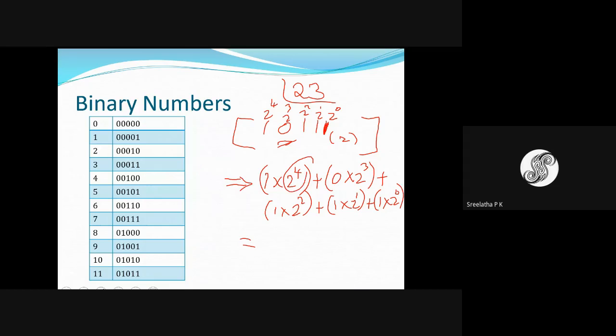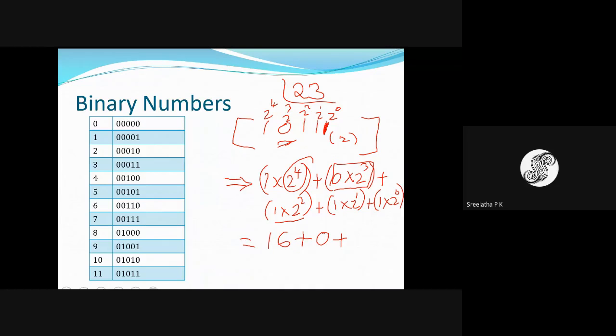How much is 2 power 4? 16. 16 plus 0 into 2 power 3, this is just 0. Correct? So plus 1 into 2 power 2.